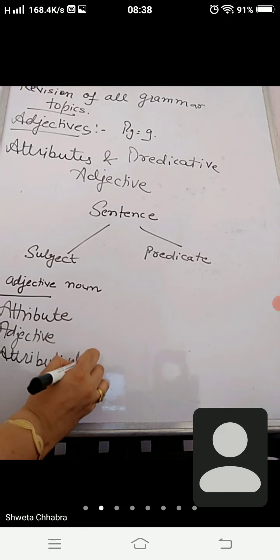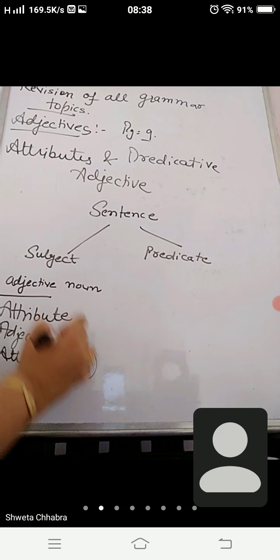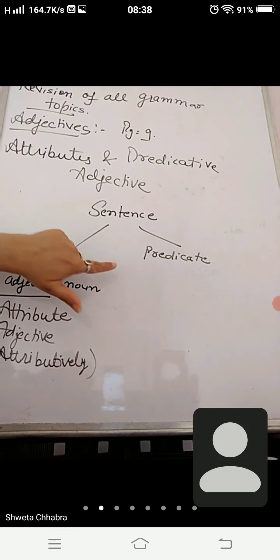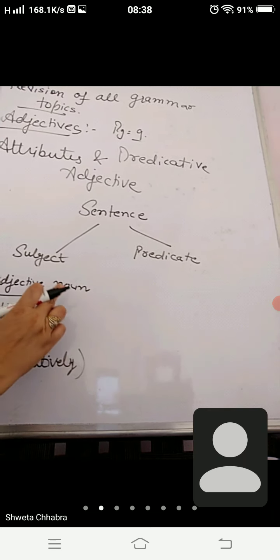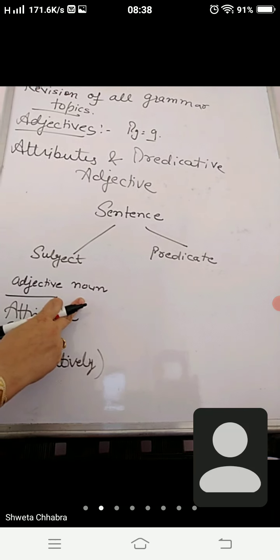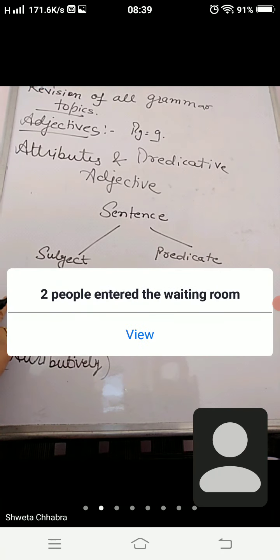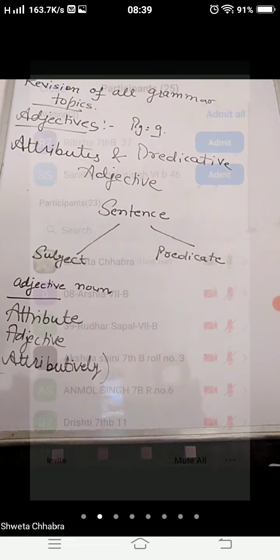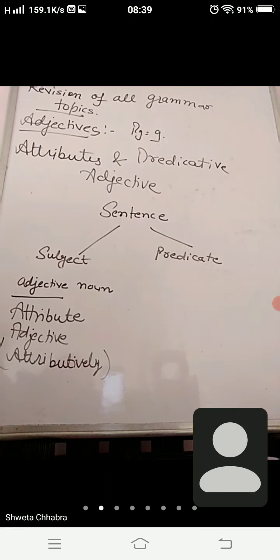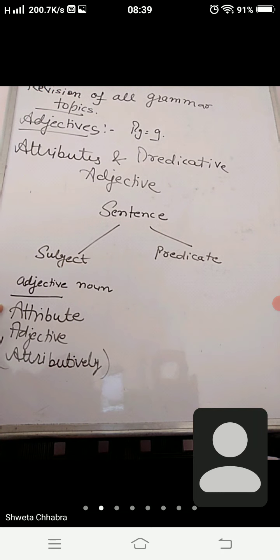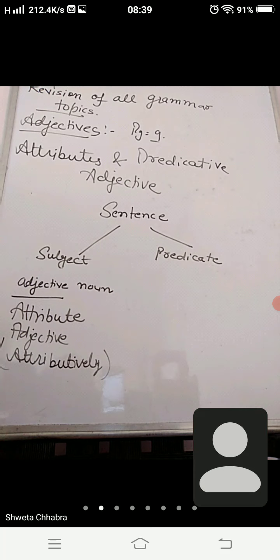Attributively. Clear? As we know that a sentence has two parts, first one is subject, second one is predicate. So when before a noun any adjective is used, it will be known as attributive adjective or attributively. The second part of a sentence is the predicate.